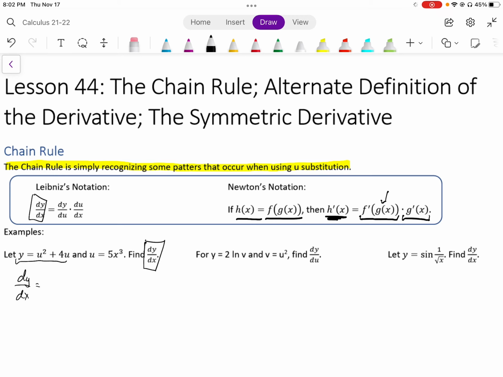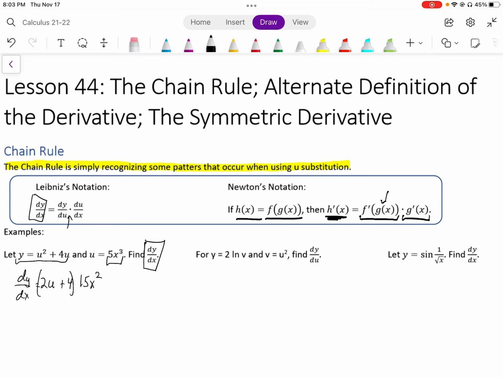So we want to find the derivative of this. So dy du is 2u plus 4 times du dx, which is 15x squared.